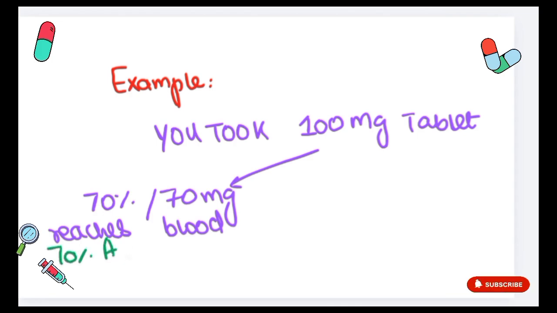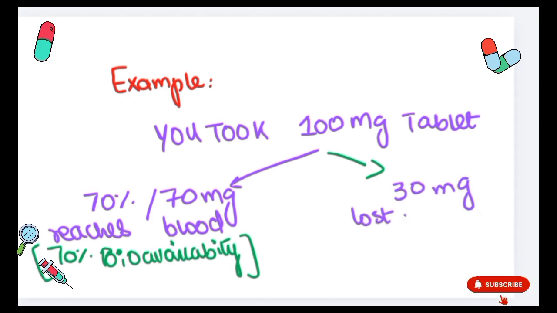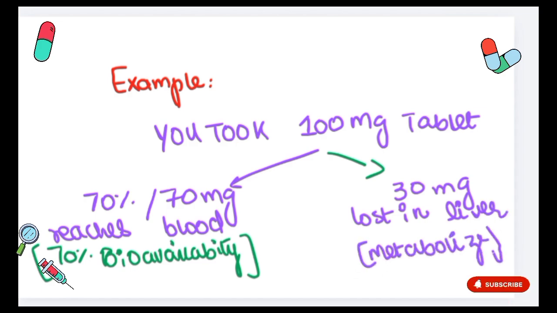That is our dose. Now that's the 70% bioavailability of that drug. Now, what happened to the 30%? The 30 mg of the drug is lost in the liver, or you can say it is metabolized by the liver, and it is excreted out via urine or feces.